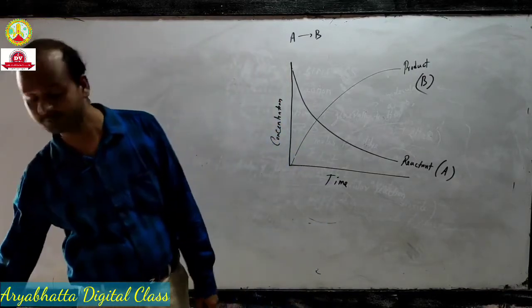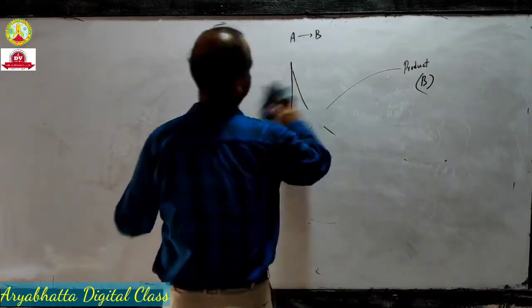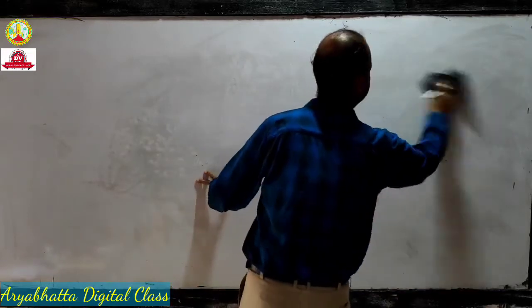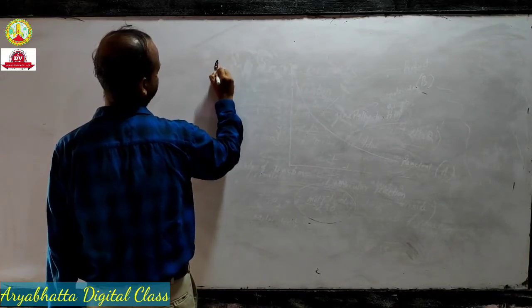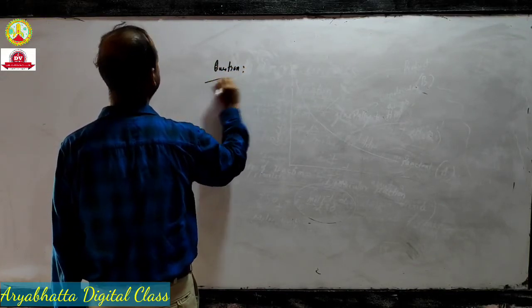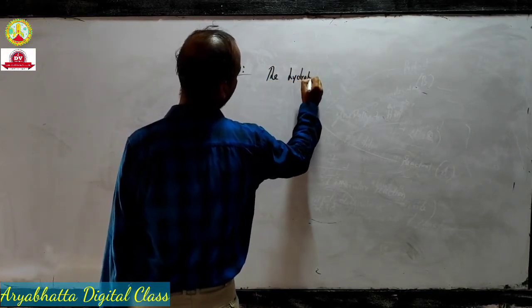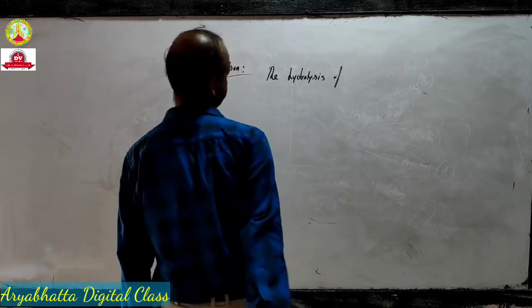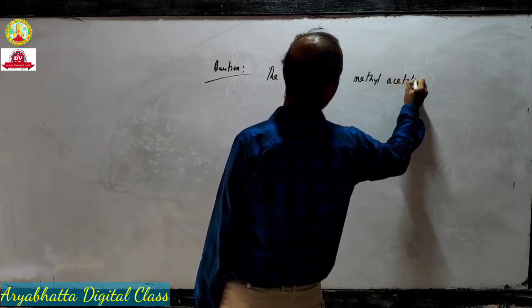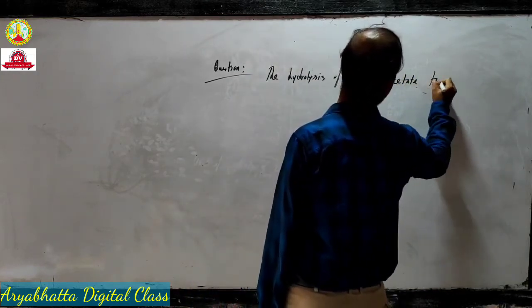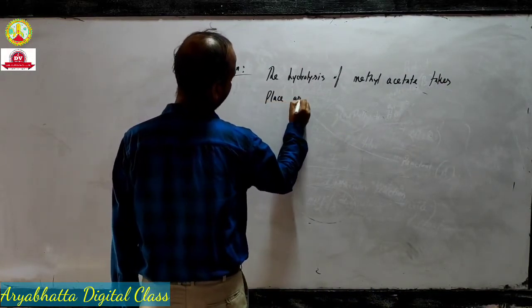Now let's see this problem. The hydrolysis of methyl acetate takes place as follows.